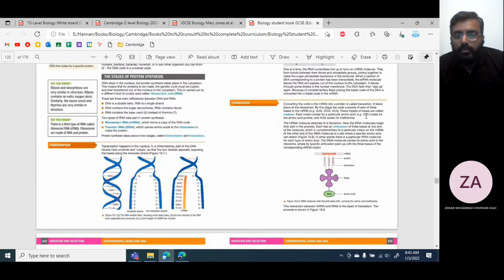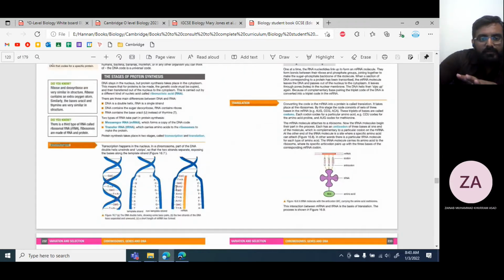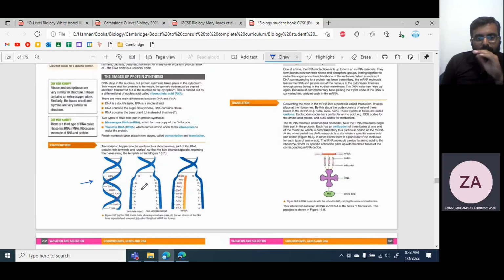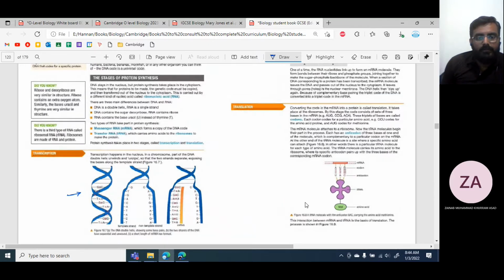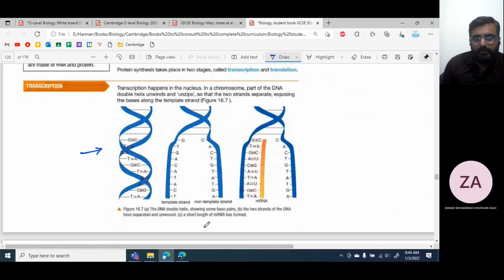Let me show you here, transcription. Transcription is when we open the DNA. Look at this diagram. We open the DNA. Do you have the book in front of you right now? Yes, sir. Are the diagrams like this?